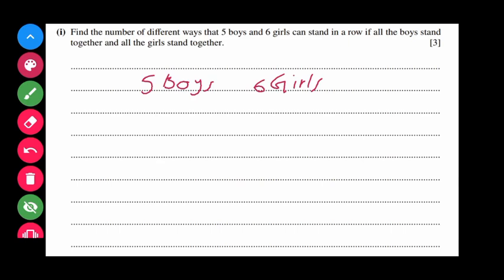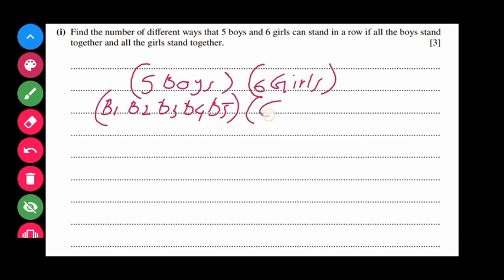If all the boys stand together, so here the condition is all the boys stand together, and also all the 6 girls stand together, like all the 5 boys, B1, B2, B3, B4, B5, all the 5 boys stand together and all the 6 girls stand together, G4, G5 and G6.